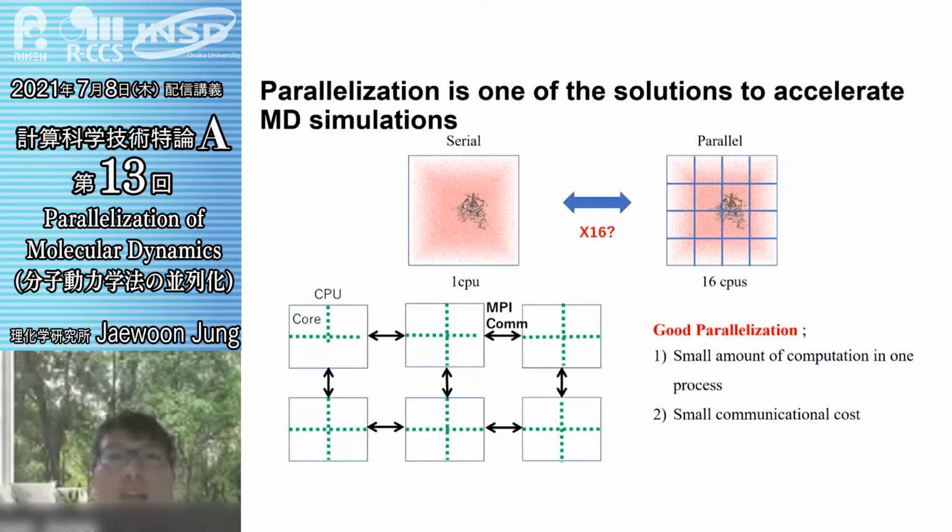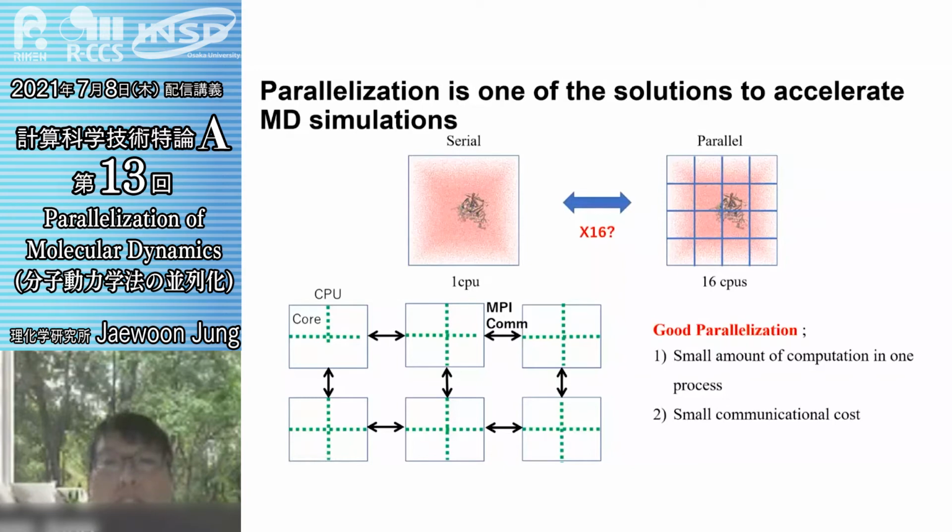And if we can also decompose the target system so that each CPU holds only part of it, we can reduce the memory size on each CPU. Then you can easily increase the target system size.